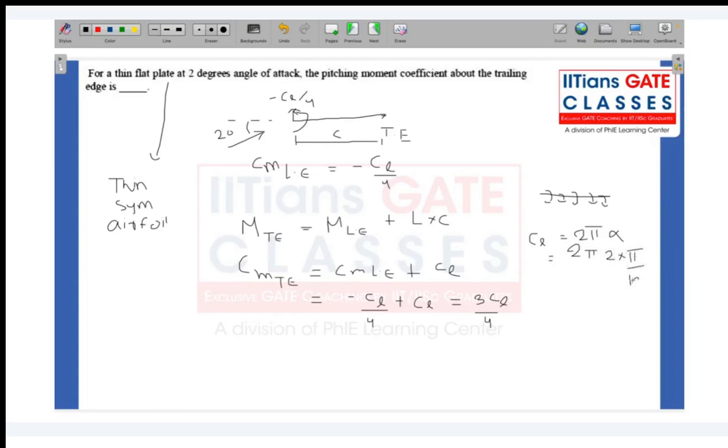So your coefficient of moment at the trailing edge is nothing but 3 by 4 into 2 pi into 2 into pi by 180, and this would turn out to be a value of around 0.164.